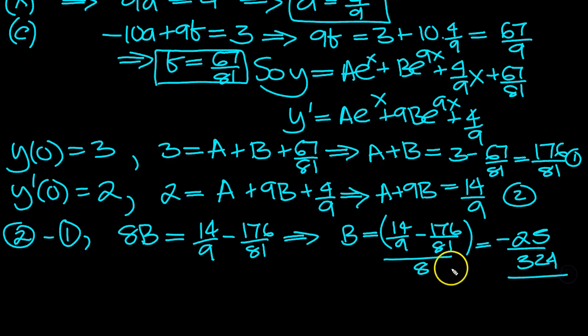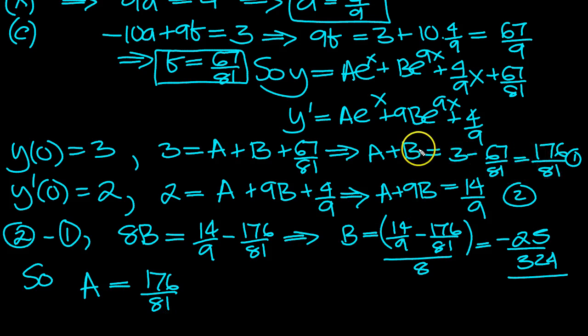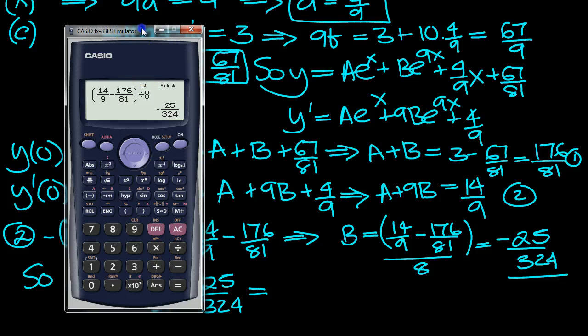So there's B. Now we can get A easily. So A equals then, from here, 176 over 81, and then move the B over to be minus B. And B is minus 25 over 324, so that makes that plus 25 over 324. So let's see what we get here in this one.